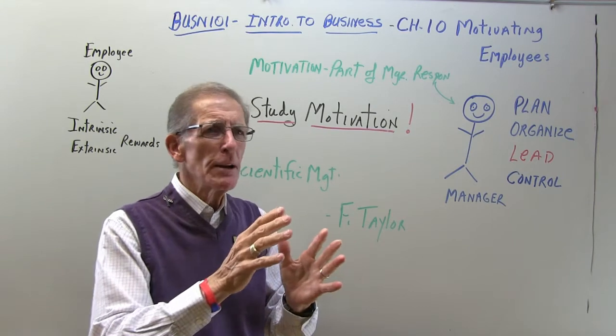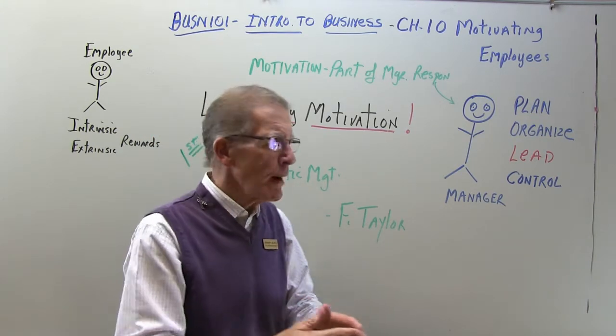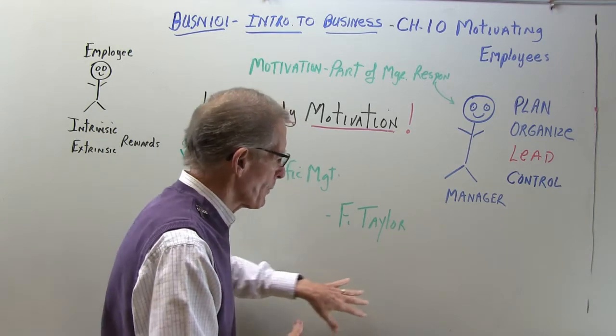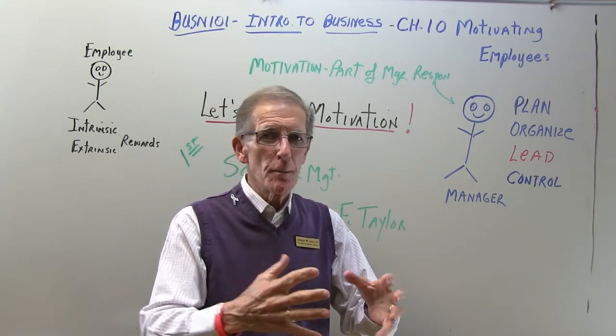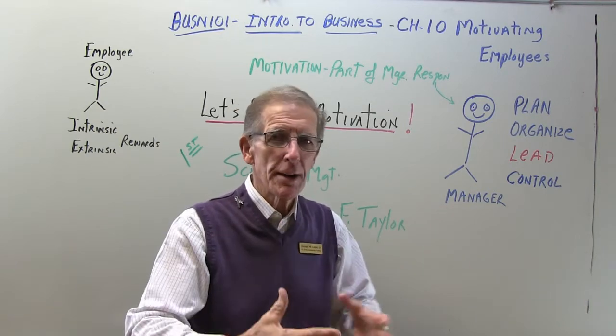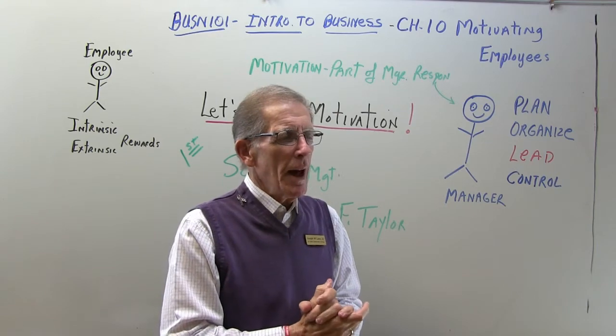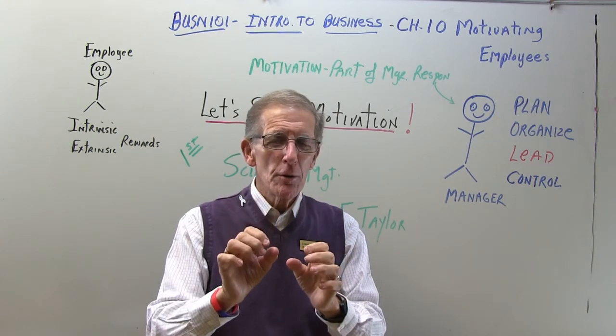Can that job be done more effectively? Can that job be done more efficiently? And especially, we were talking here with employees. Back in the early 1900s, a lot of them were in the manufacture of goods, that type of thing, putting stuff together, working on things. And they would study those jobs and determine the very best way to do them.